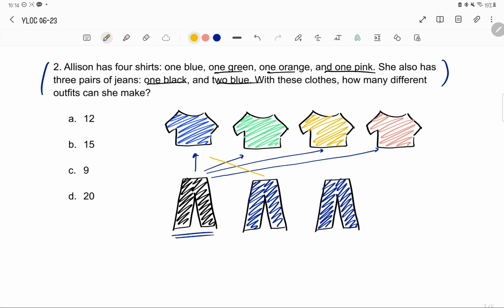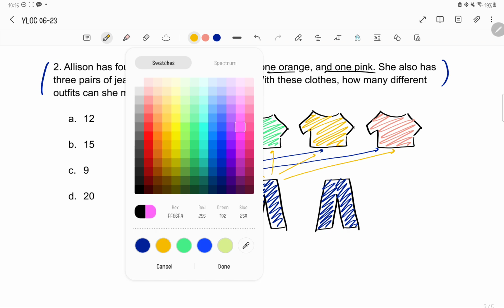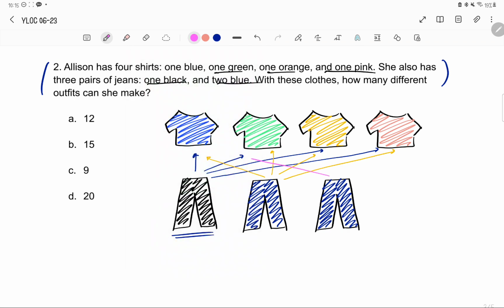How about blue pants with blue shirts, blue pants with green shirts, blue pants with orange shirts, and blue pants with pink shirts. And the next one will be another blue pants with blue shirts, blue pants with green shirts, blue pants with orange shirts, and blue pants with pink shirts. So if you count all, it's 12 combinations.